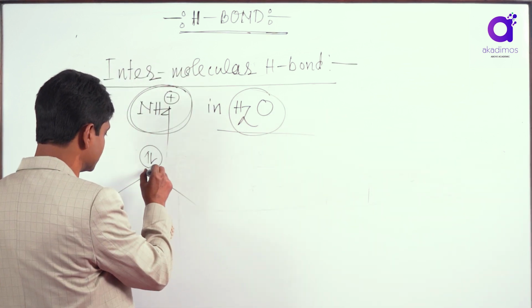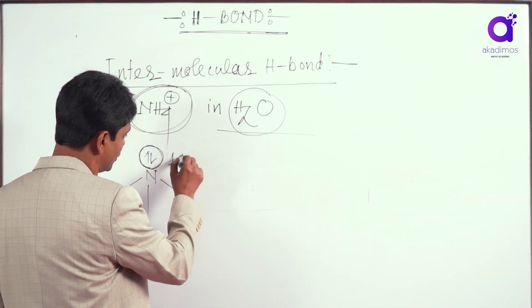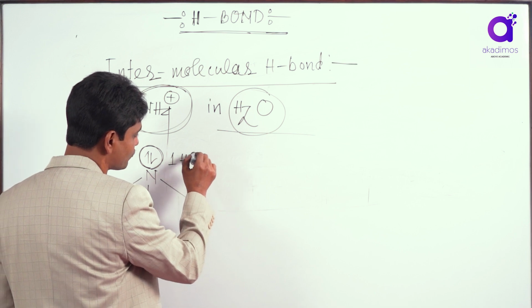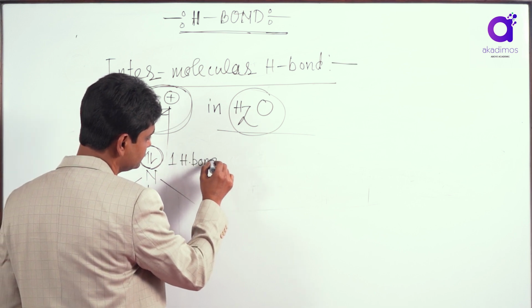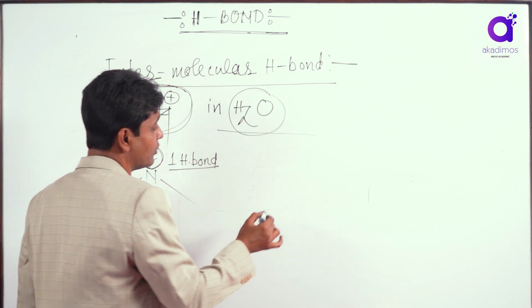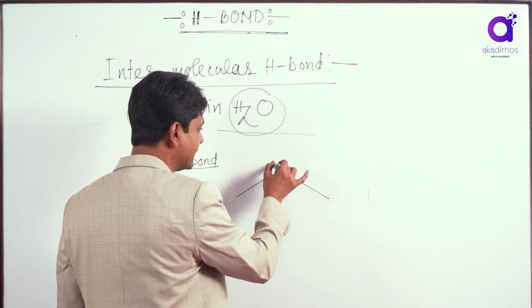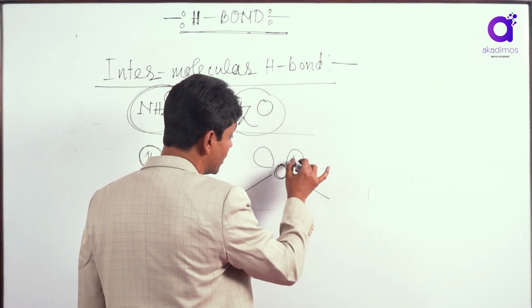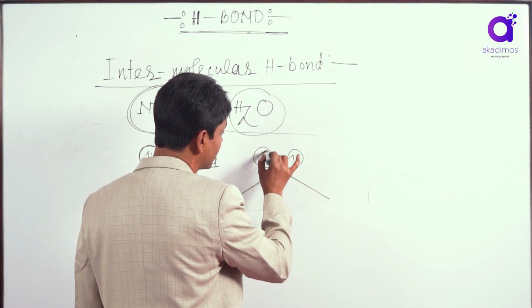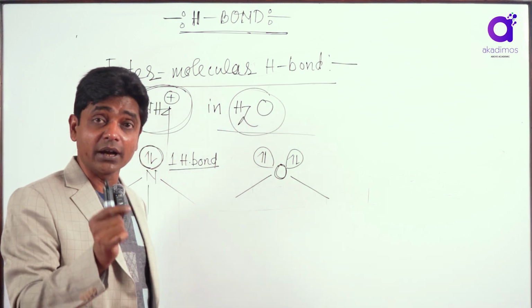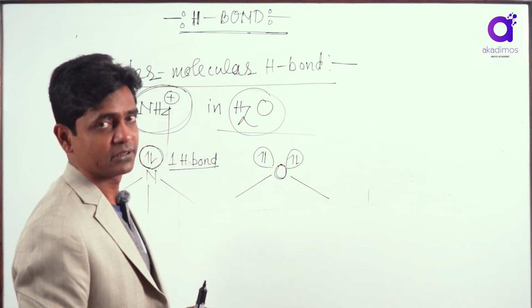We have nitrogen, one hydrogen bond since one lone pair. And you know water, not only water, oxygen is normally bivalent, and there you get two lone pairs of electrons. But remember, among these two lone pairs, only one lone pair is available to form sigma.